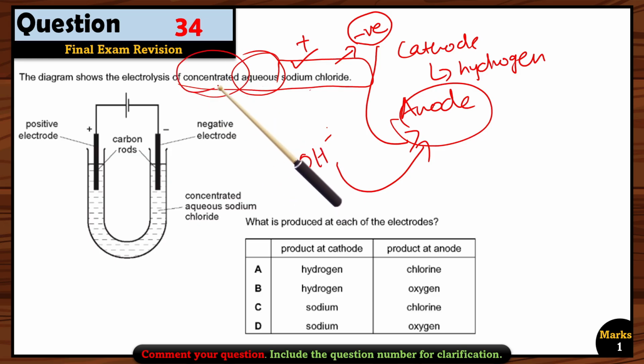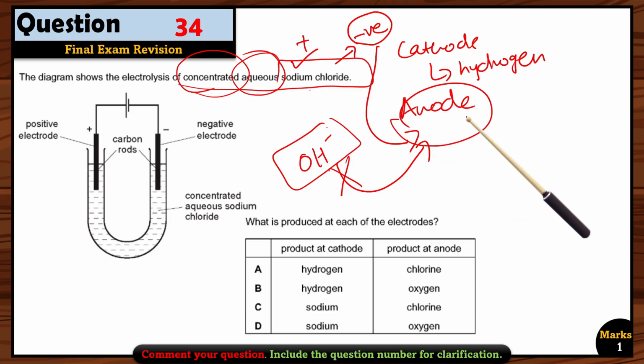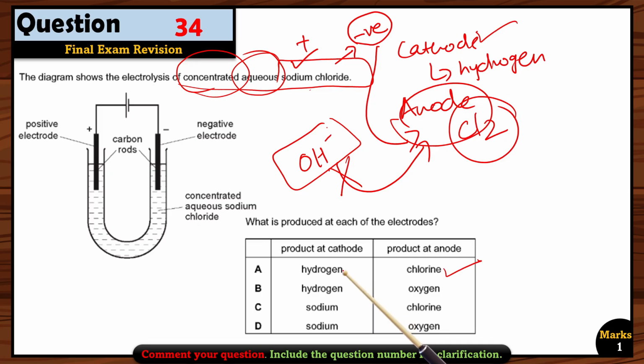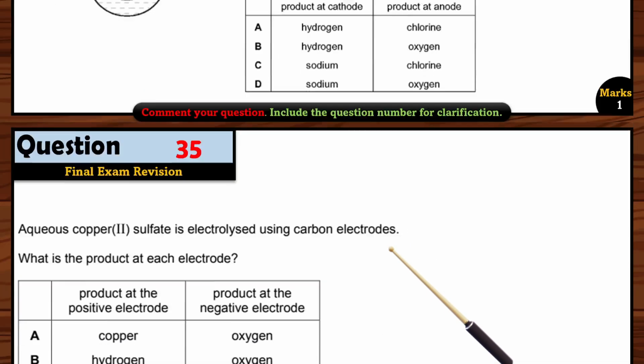It is not dilute, so you are not going to get the OH here. Only your own anions will come here, that is chloride. So chloride ions will come and you will get chlorine gas as the product at the anode, and at the cathode it will be hydrogen gas. So option A is the right option for this question.